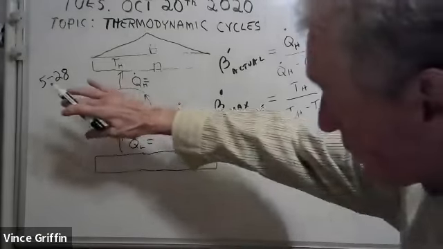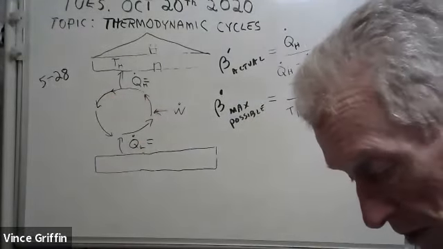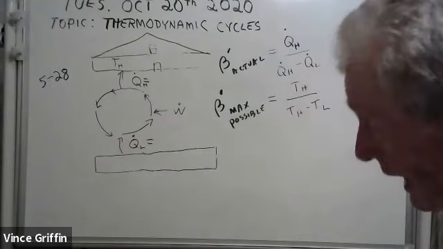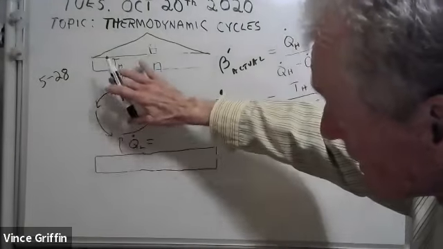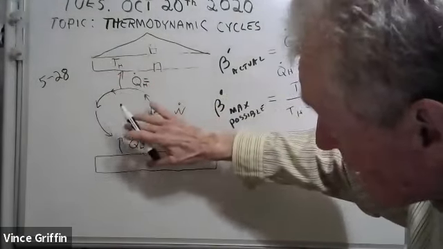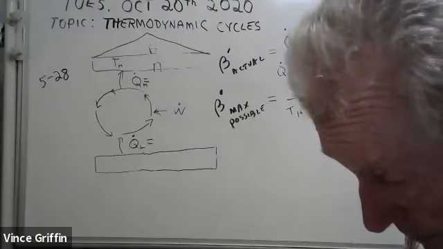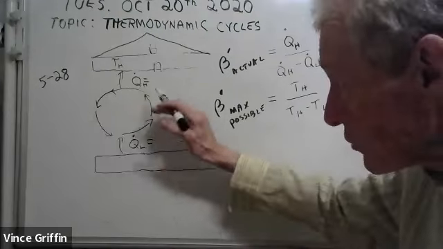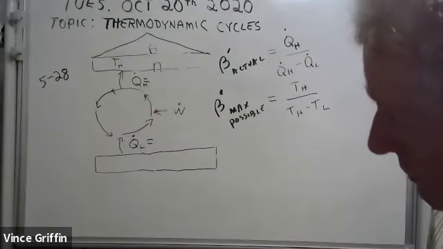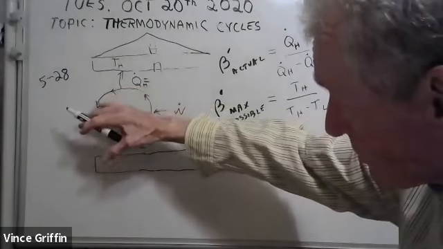Okay, now let's read our problem. We're going to do problem 528. And we'll put in our numbers. I want you to draw this schematic. And you'll discover when you do these on a PV diagram, they go counterclockwise. Your compressor's here, and this is your condenser.